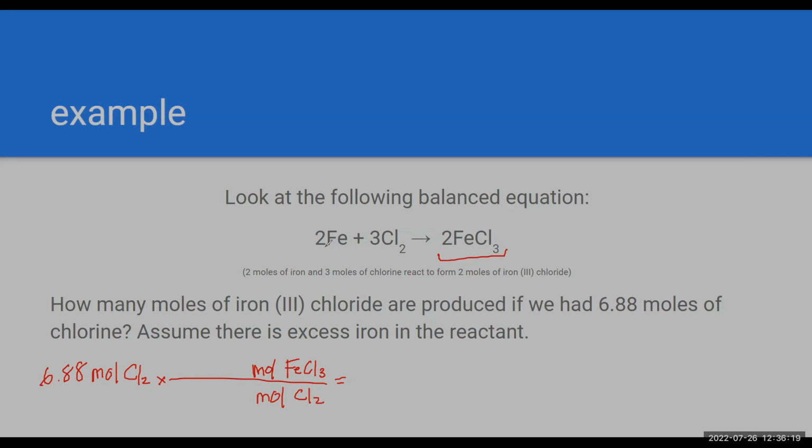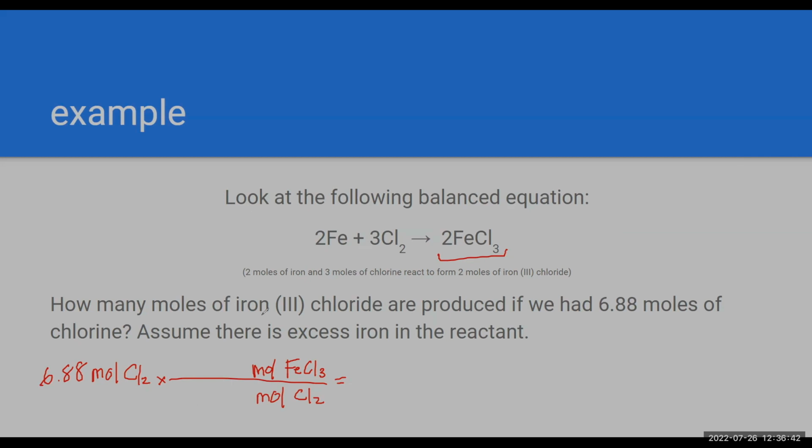So if we think about it, remember that 2 moles of iron and 3 moles of chlorine are going to react, and then you'll get 2 moles of iron 3 chloride. So we basically want to find out how many moles of chlorine you need to make how many moles of iron 3 chloride.